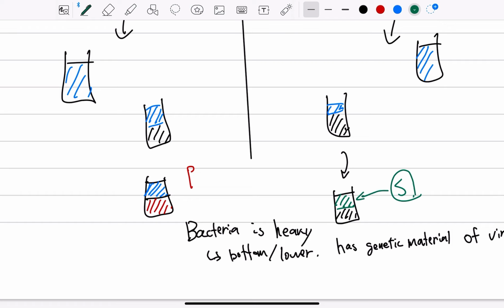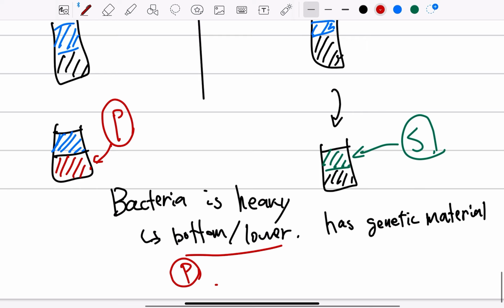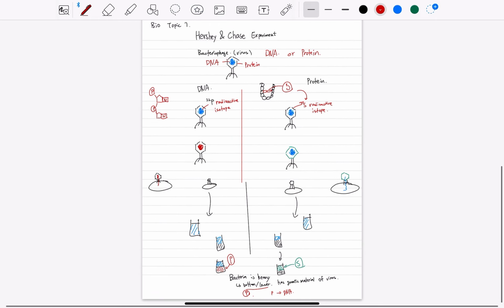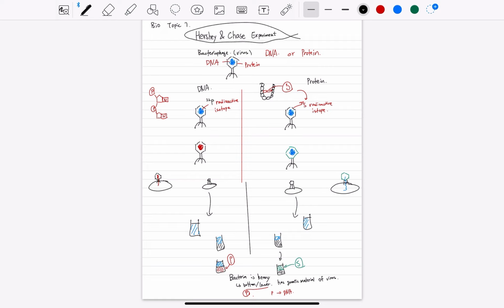But since sulfur is on the top, phosphorus is on the bottom, we can know that bacteria is on the bottom and phosphorus is also at the bottom, so the genetic material has to do with what was labeled by phosphorus, which is DNA. So that's pretty much how we know that DNA is the genetic material. And that was the Hershey and Chase experiment.